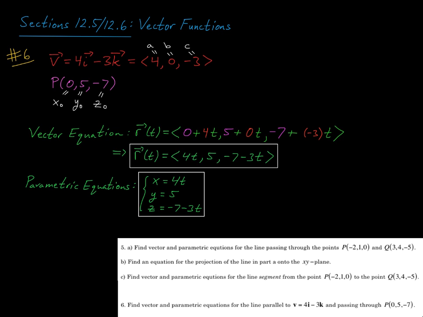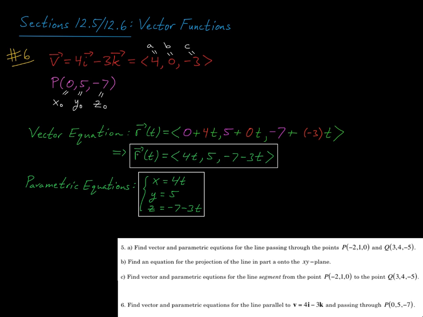All right, well, here our A would be 4. That's the i component of our direction vector. Our B is 0. That's the j component of the direction vector. And our C is negative 3. That's the k component. And P here, these coordinates, those are our x0, y0, z0. So just as we saw in question 5, we put that all together as follows.